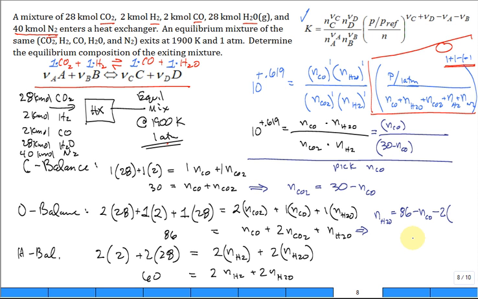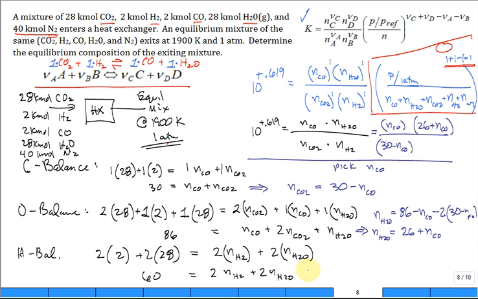But any place I see an N of CO2, I replace it by 30 minus N of CO. True? So this becomes not just 86, it becomes 26 plus NCO. So the number of H2O is 26 plus NCO. So I come up here, 26 plus NCO.